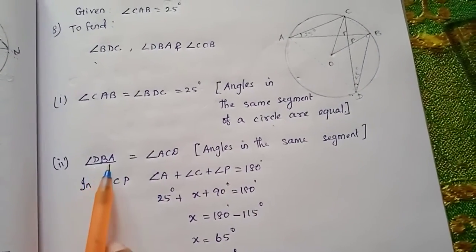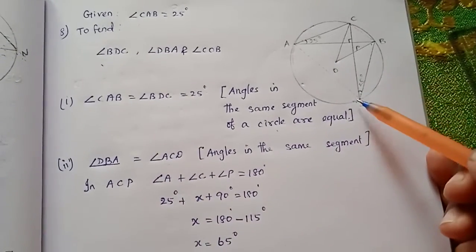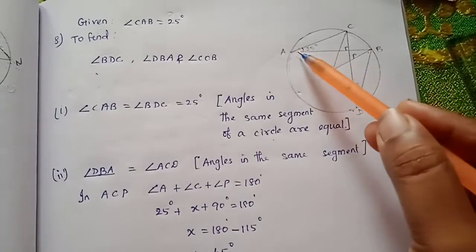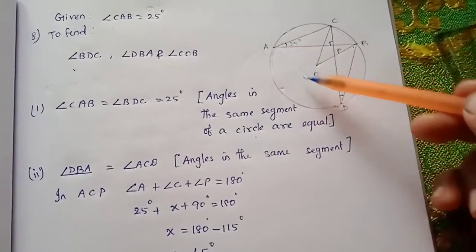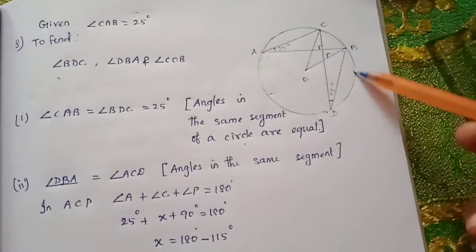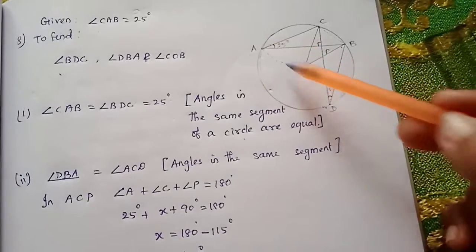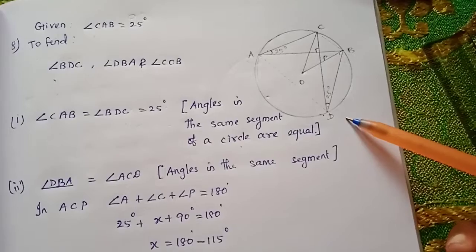Now the second subdivision, we have to find angle DBA. Now I have joined these two points. So this will be another segment. If I join these two points, then this is one segment and this is another segment.